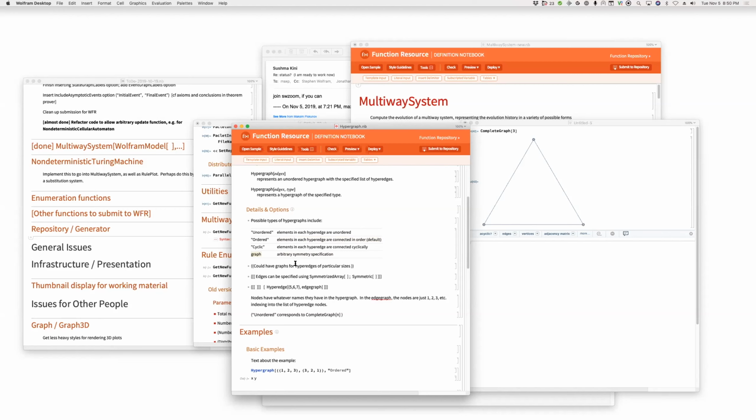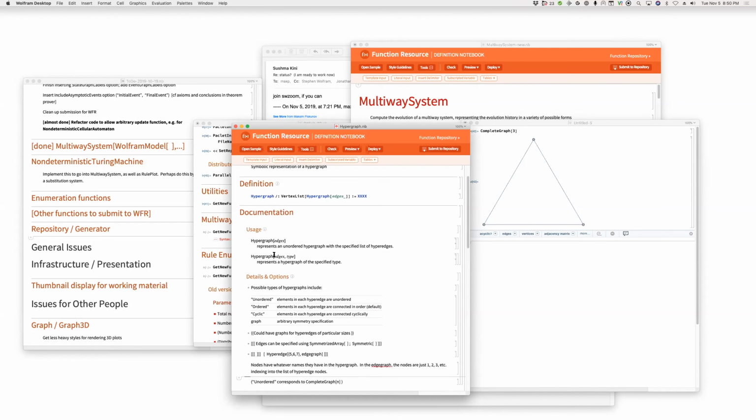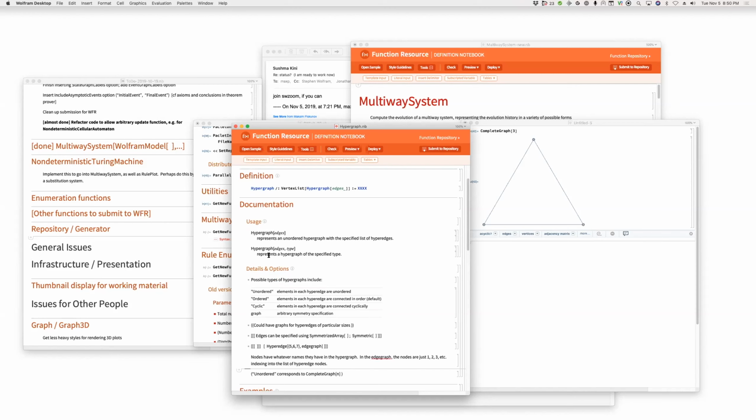The question is, is there a natural way to give a list of edge graphs? Actually, this is very easy, because all we do here is graph 1, graph 2. We can have a list of rules, pattern goes to graph.